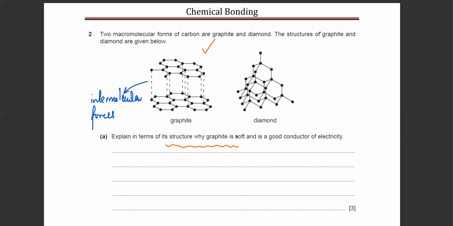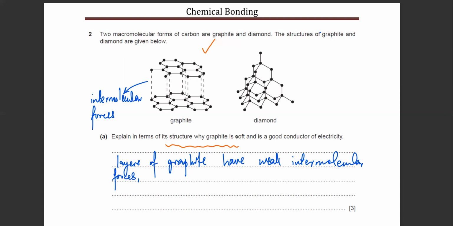So sheets or layers of graphite have weak intermolecular forces. And the sheets can slip and slide easily.